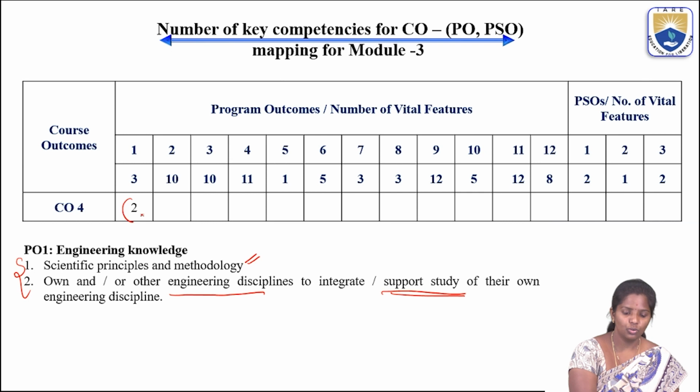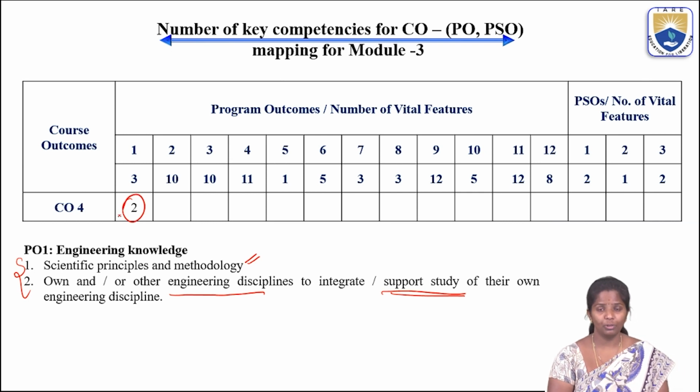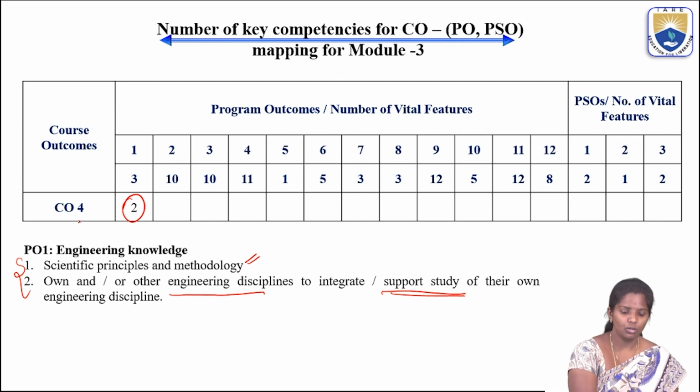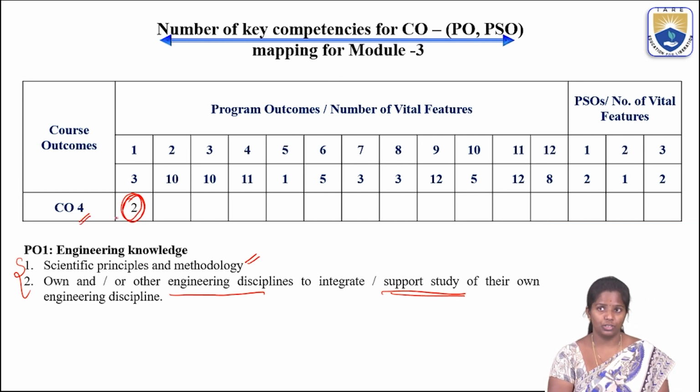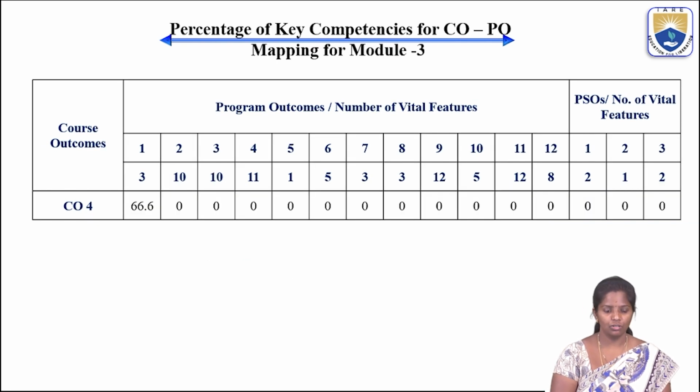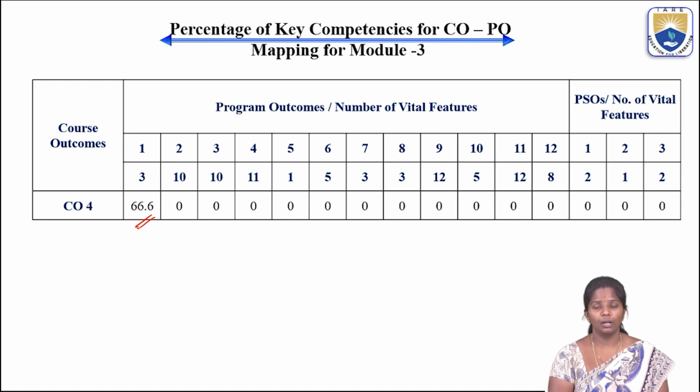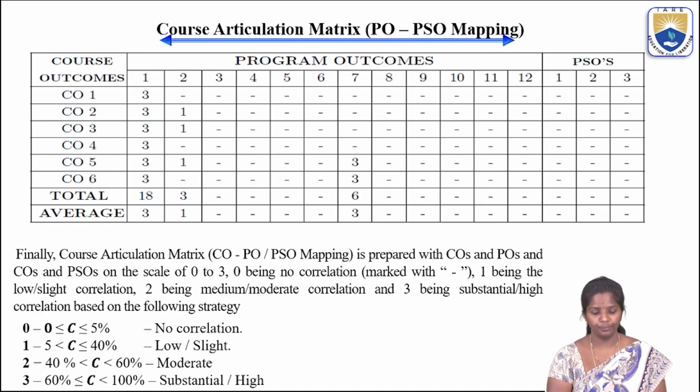Therefore, only 2 is given here. No mathematical problems are involved. So only 2 is given, and the course outcome is mapped with 2 of the key competences for the program outcomes. Therefore we get only 66% of the program outcome being matched with the course outcome.